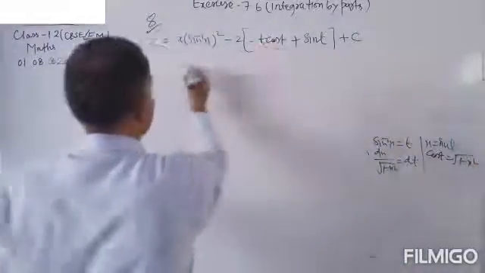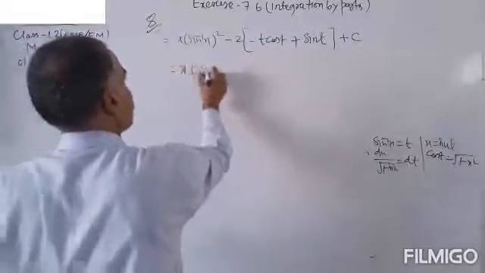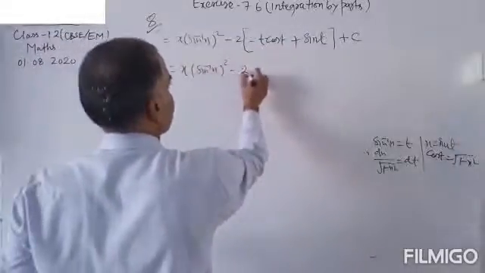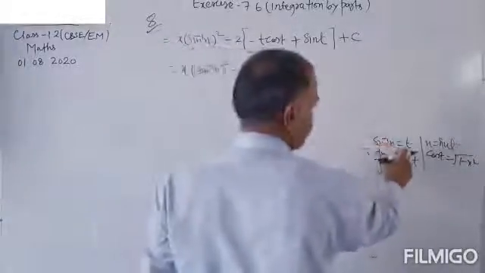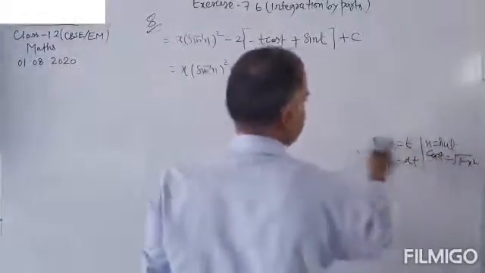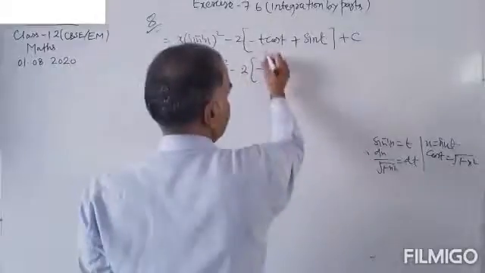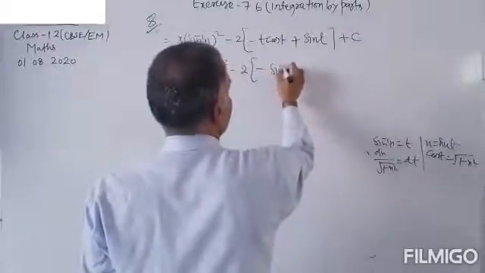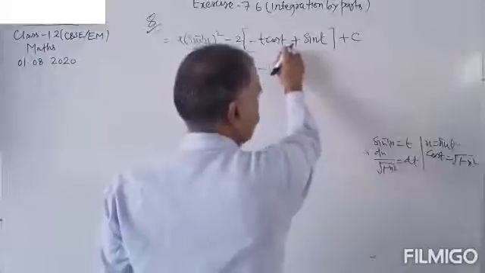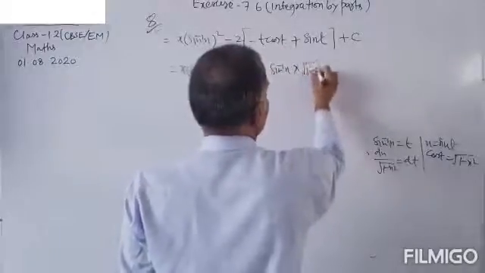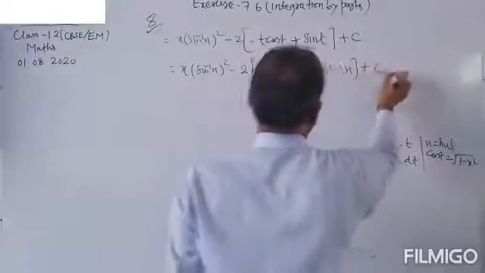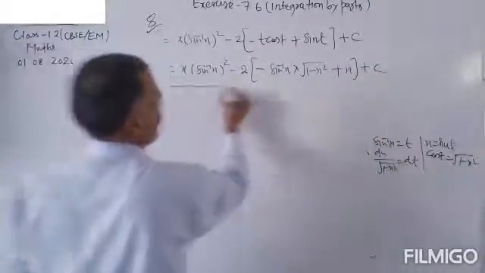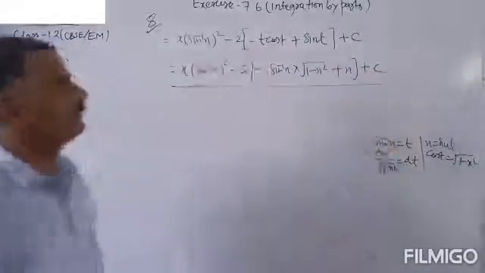Put all these values here in this integration. (sin inverse x) square minus 2 into minus t cos t. t means sin inverse x and cos t is equal to this. So minus t cos t means sin inverse x into under root 1 minus x square, plus sin t is x, plus c. So this is the final integration of the given function.